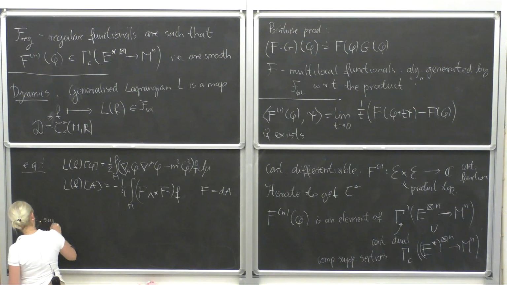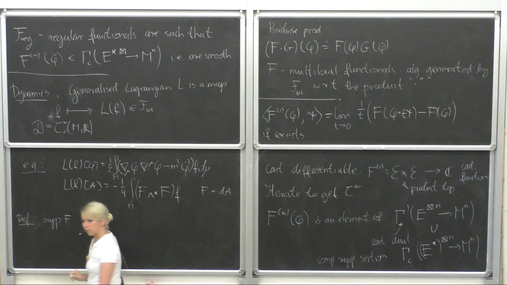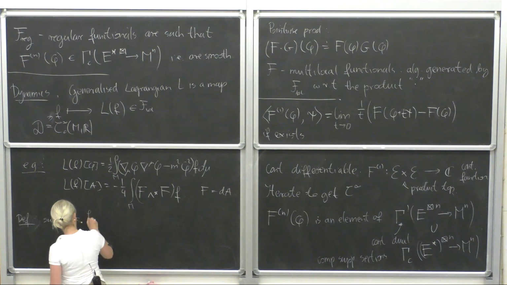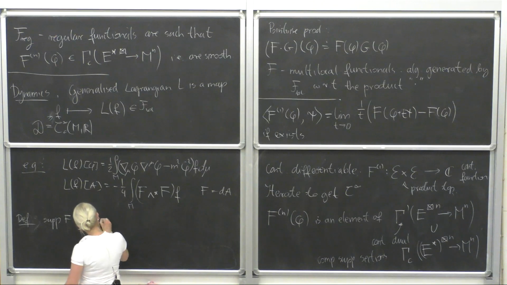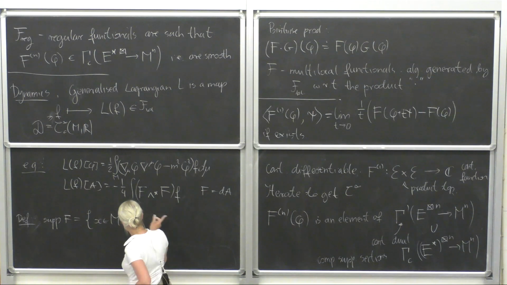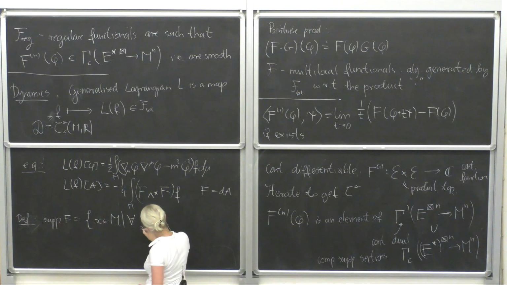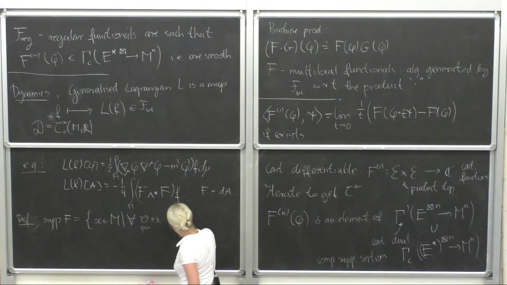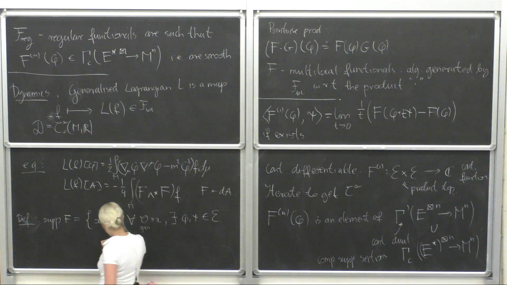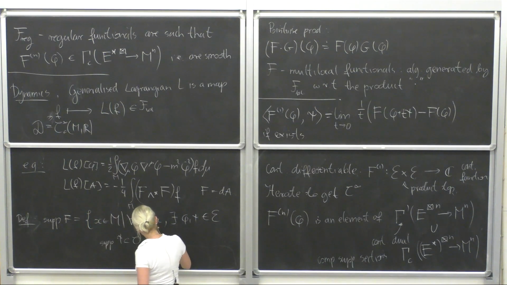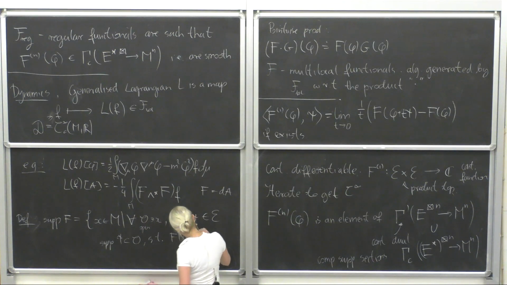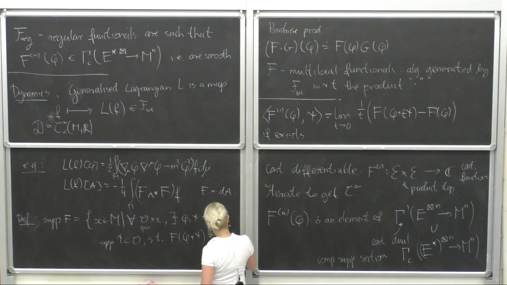So I will define the support of a functional. This is defined as the space of all x in M such that for all open neighborhoods O of x, there exist phi and psi configurations, with support of psi contained in O, such that f of phi plus psi differs from f of phi.